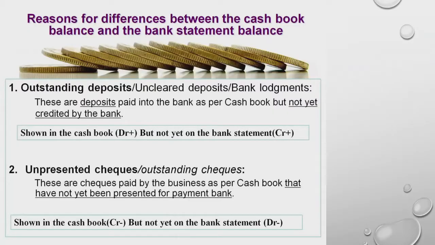Unpresented cheques. Unpresented cheques, or outstanding cheques, are cheques paid by the business as per cash book, but that have not been presented. Sometimes a customer will come, she writes a cheque of 10,000 to pay off what they owe you. You record that in your cash book, but you are still sitting with that cheque for weeks or days.